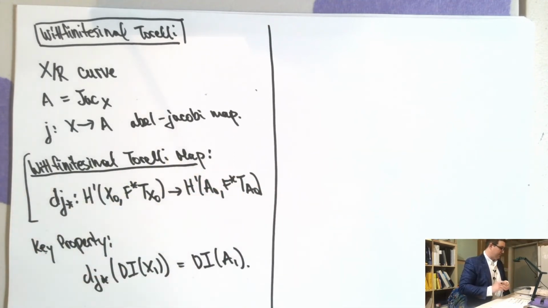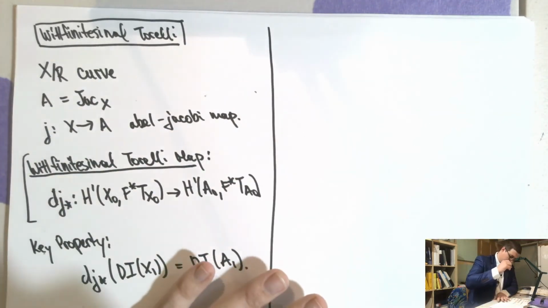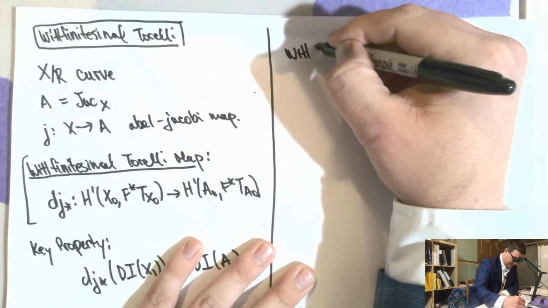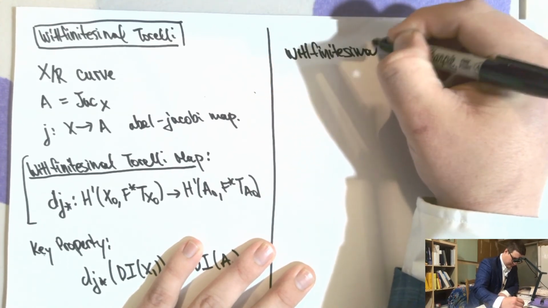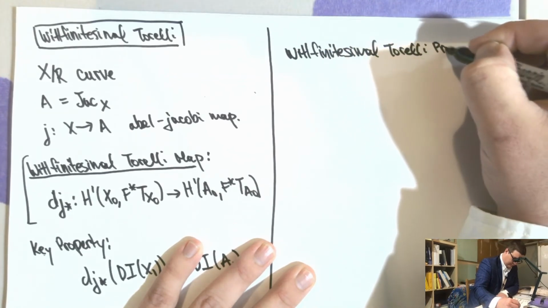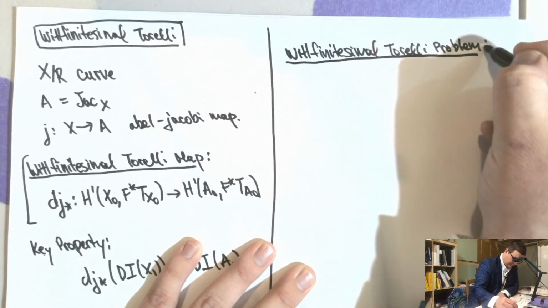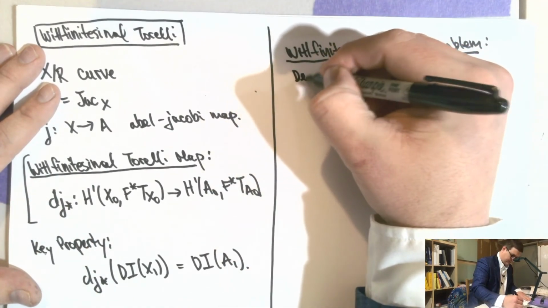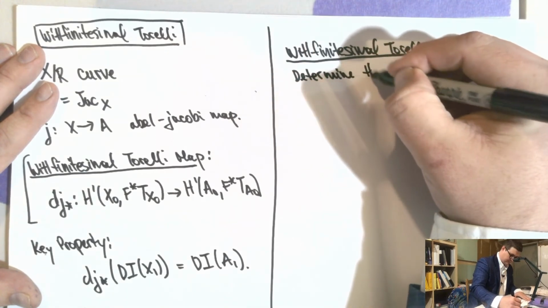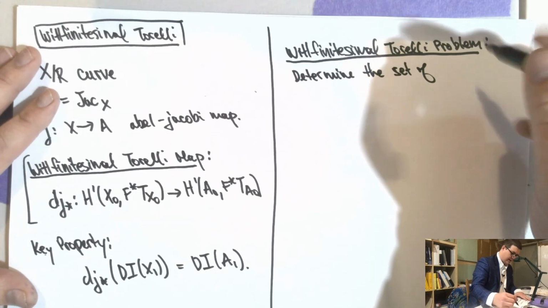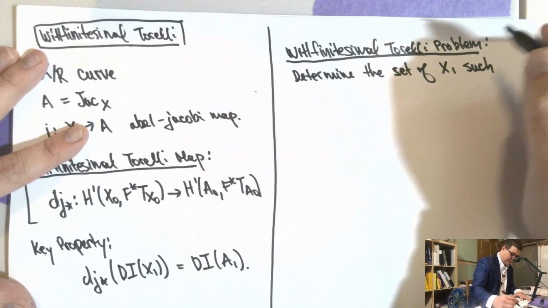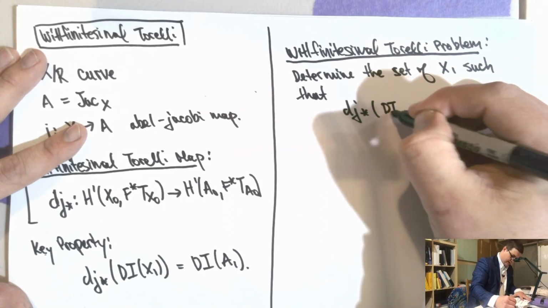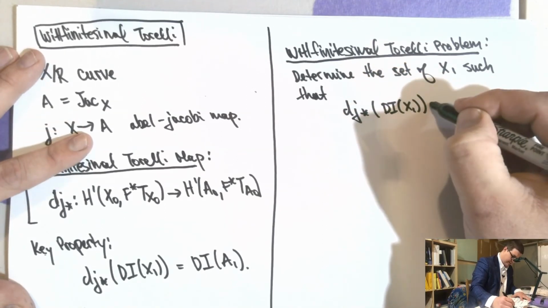So the question, the Witt-finitesimal Torelli problem, is to determine the set of X1 such that dj_* of the Deligne-Illusie class of X1 is not equal to 0.